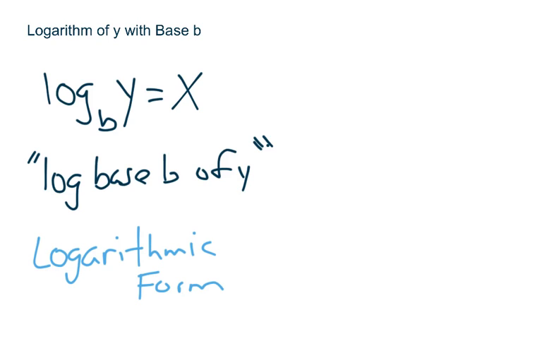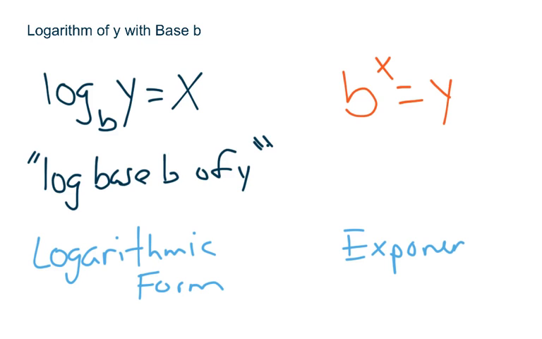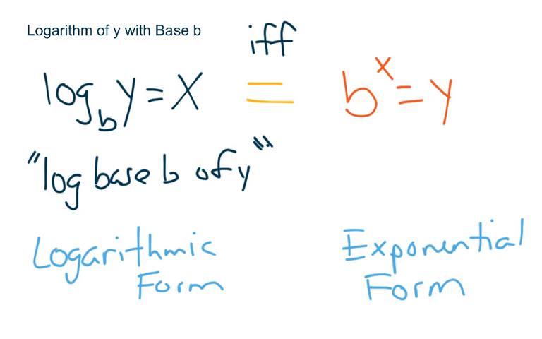Well, there's another way we can write this, where we have b to the x power is equal to y. This one here is exponential form. These two statements are equal. You could say log base b of y is equal to x if and only if b to the x is equal to y.